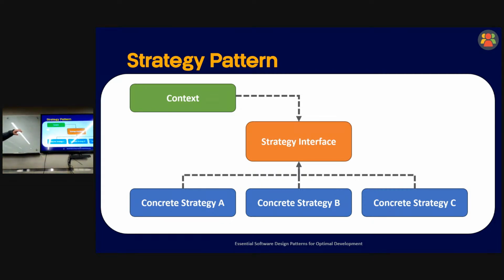As the pattern's written, you have your context, the thing that needs something to be done. It calls into your strategy interface, and the strategy interface, by the pattern, knows that I need to call strategy A, strategy B, or C. By the definition of the pattern it's so simple, because then it's up to you how you implement that.